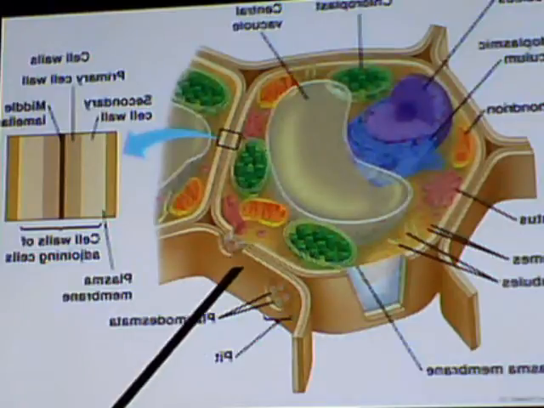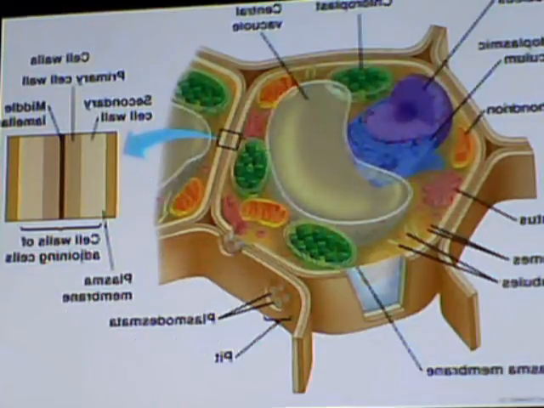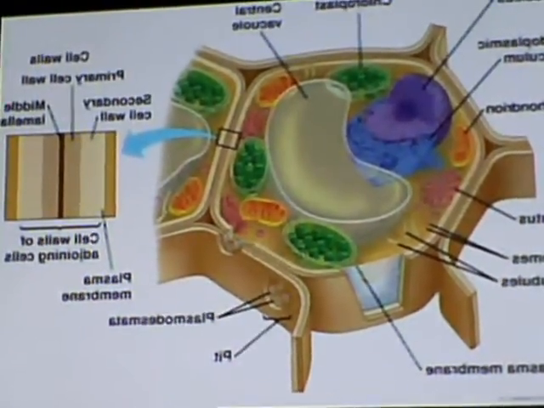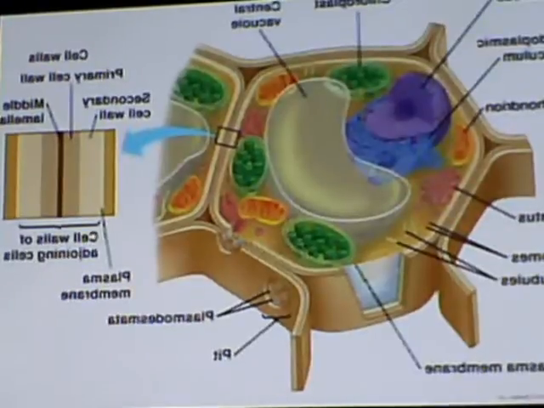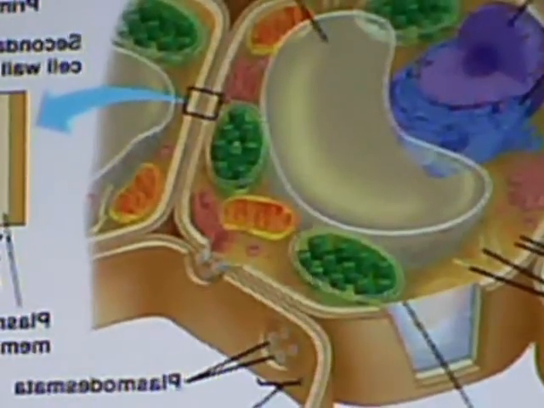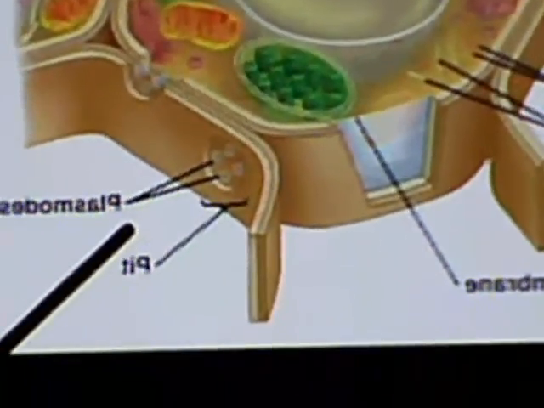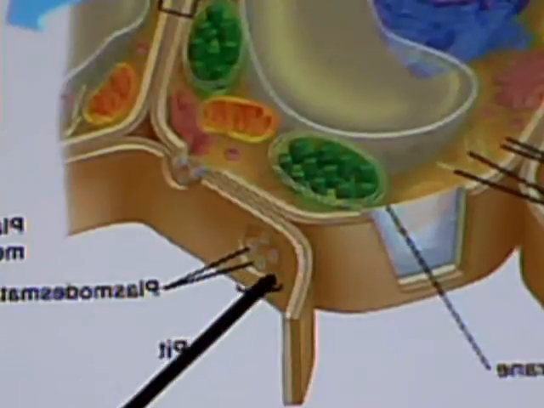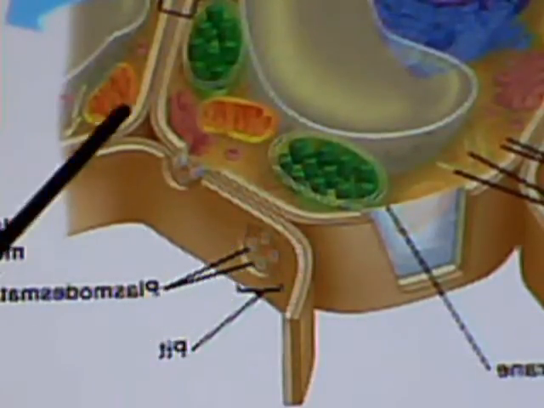Now, here, I'm going to come in close. This is also a cell structure, a human cell structure. And I'm going to take you into something else that I've identified here. You see right here? This is called a pit right here. Okay?